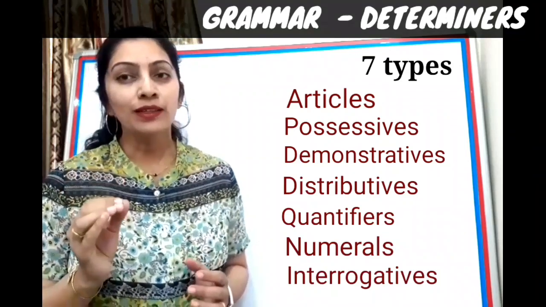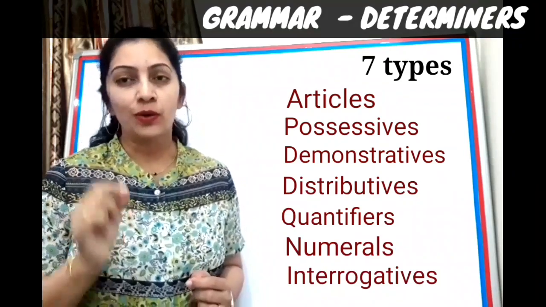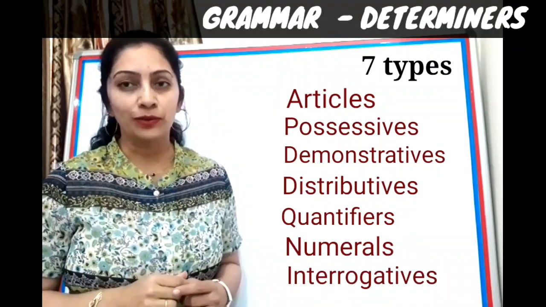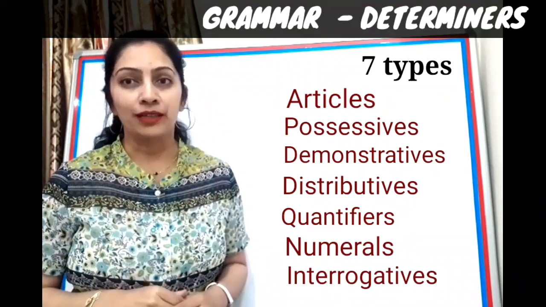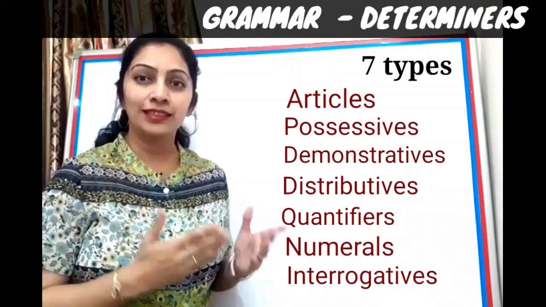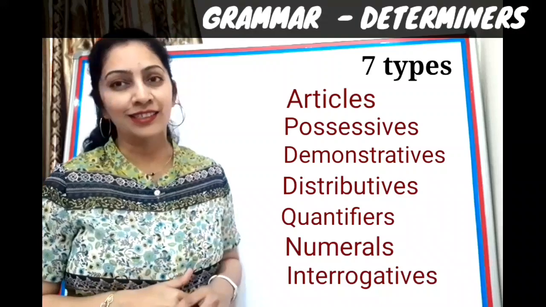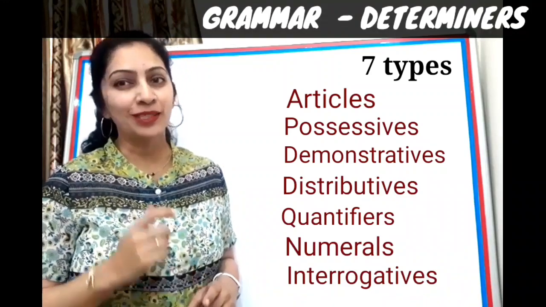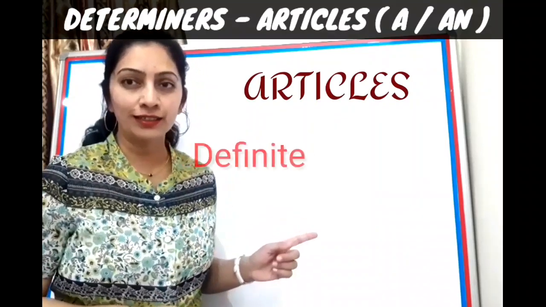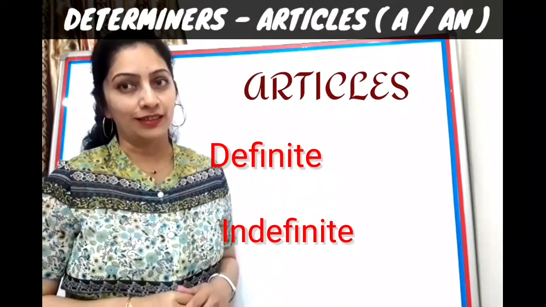Now, I will conduct separate videos on each type and also do a small exercise with you from your BBC Compactor book. And today I have brought the type articles in determiners for you. So let's move ahead. Articles are of 2 types: definite articles and indefinite articles.